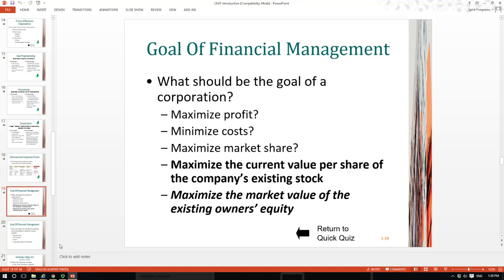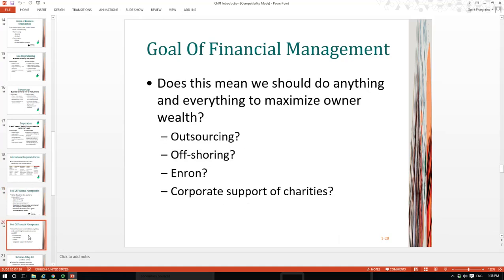By far the best one is stock price. So the goal of the firm would be to maximize shareholders' wealth. Practically, we would say it equates to maximizing stock prices, so that shareholders' wealth can be maximized.